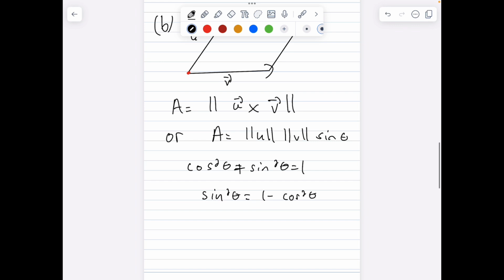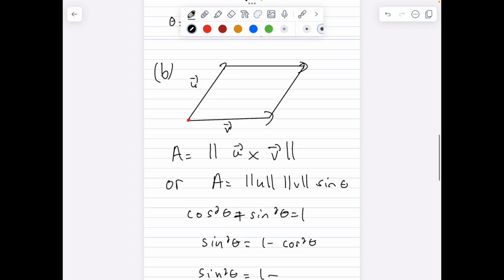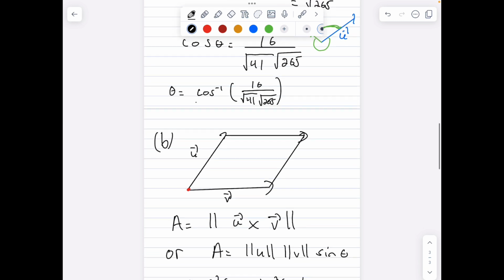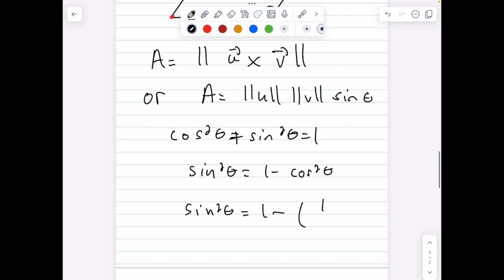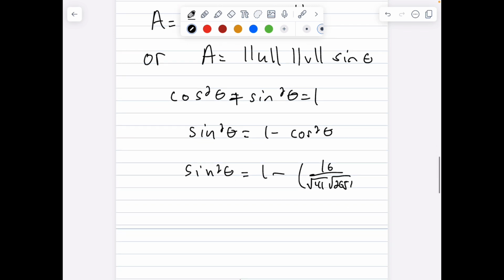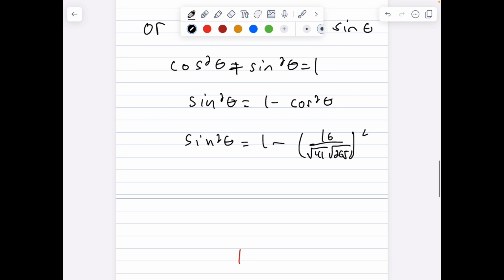If you plug in the cosine from a second ago, that was 16 over the square root of 41 times 265, you square that out, and this is equal to 1 minus 256 over 41 times 265.